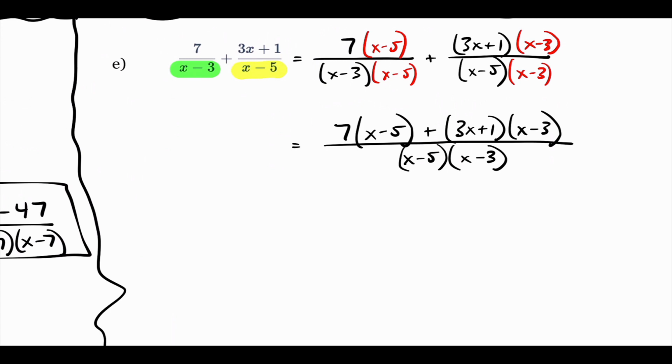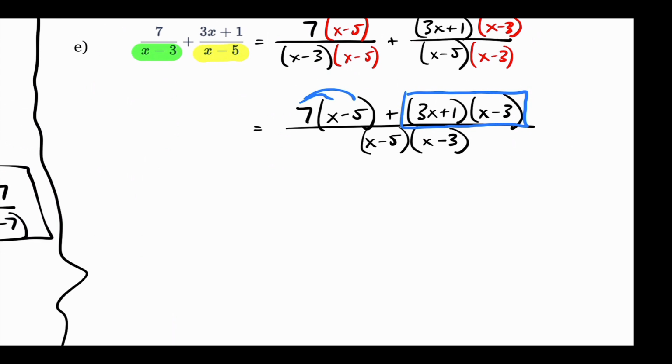Okay. So to simplify, I got two things I got to do. First thing, I got to distribute the 7. And then I have to multiply these two guys together, binomial times binomial. So when I do that, let's see.